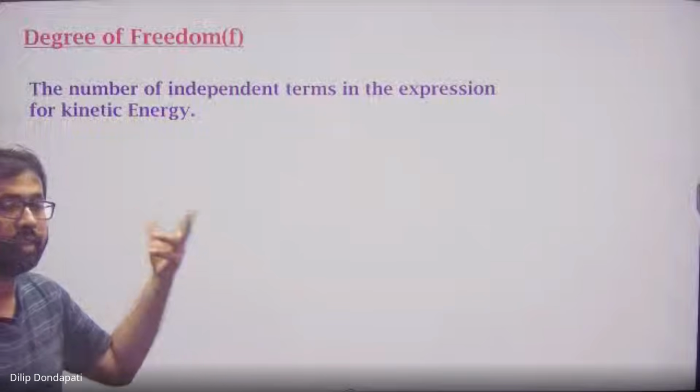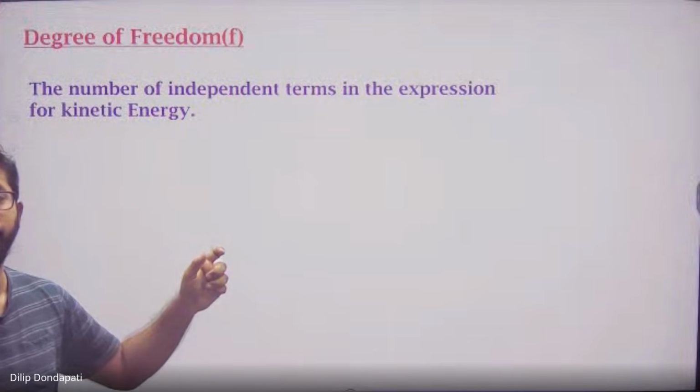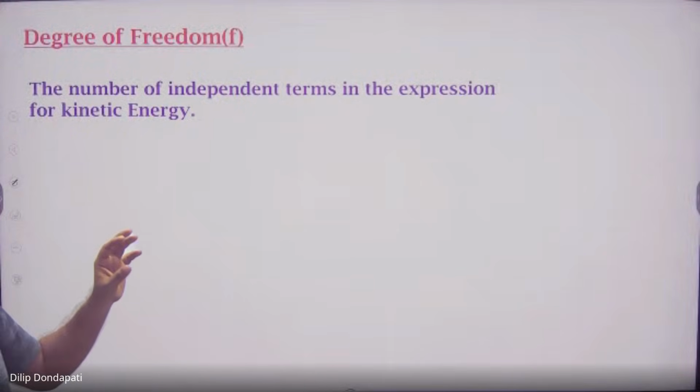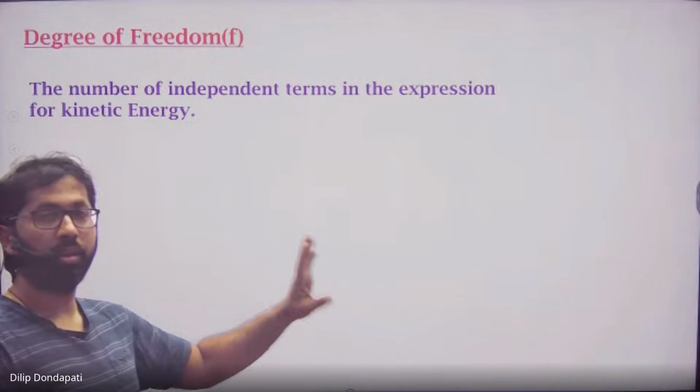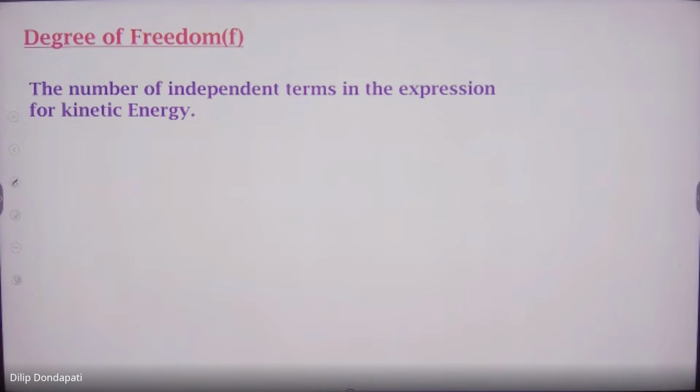How many ways are there for kinetic energy for that molecule? It can be rotation, translation, movement, vibration. So the number of such expressions for a molecule is nothing but the degree of freedom.